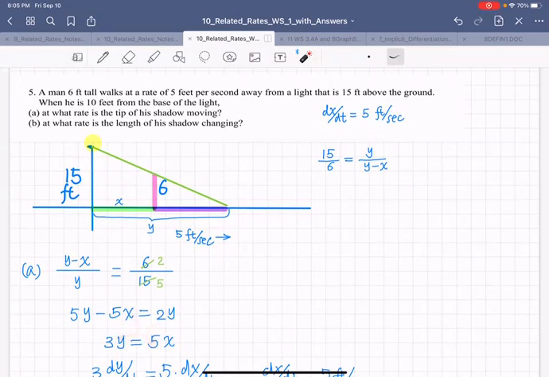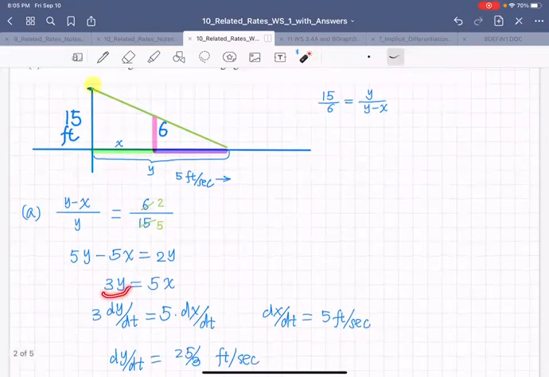Yes. And if 3y equals 5x, let's do the related rates on both sides. 3 times dy over dt equals 5 times dx over dt. Does this make sense? Yeah.